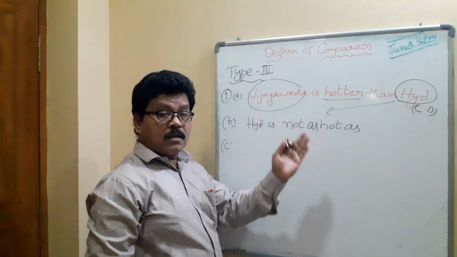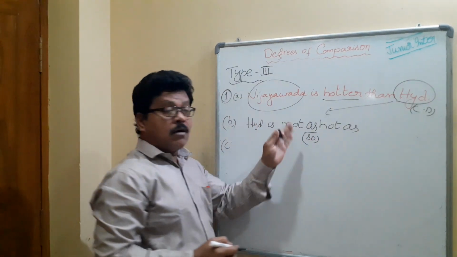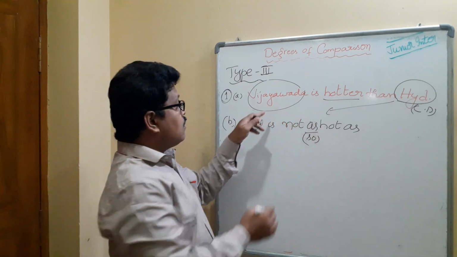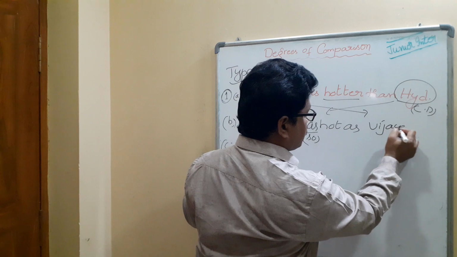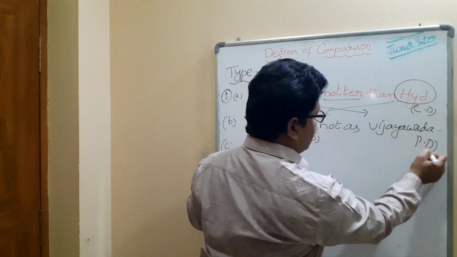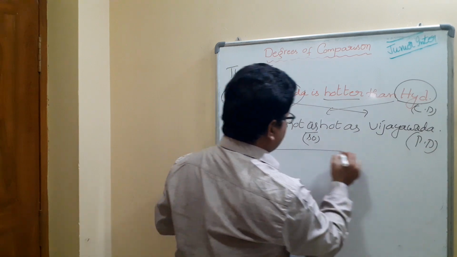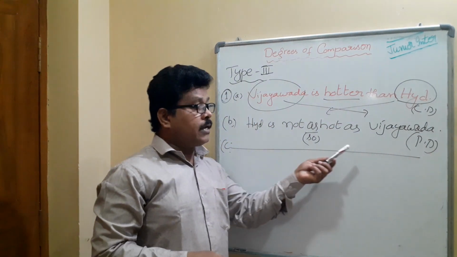Right side one as, left side also called so. Hot as. As hot as, so hot as. Vijayawada comes this side. Last. Vijayawada. This is positive degree. Okay, positive degree. Hyderabad is not as hot as Vijayawada.